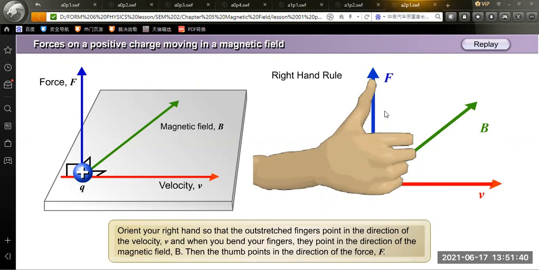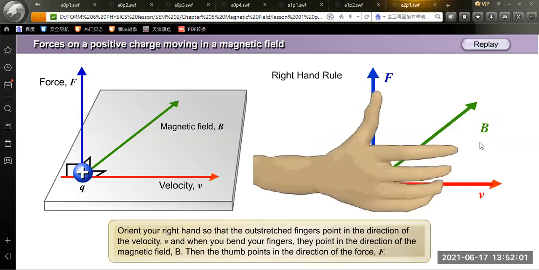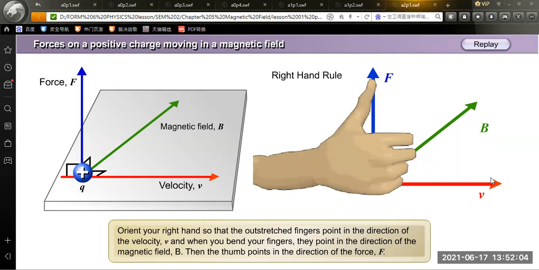The right hand rule shows that the force is represented by our thumb. The direction of our fingers is from V to B. When we cross our fingers, it means that initially the fingers point to V and then move to B.